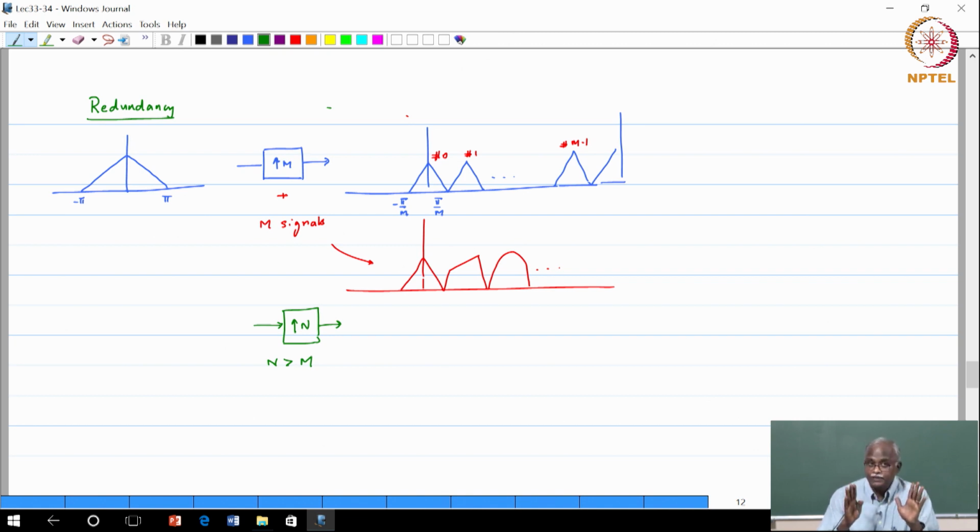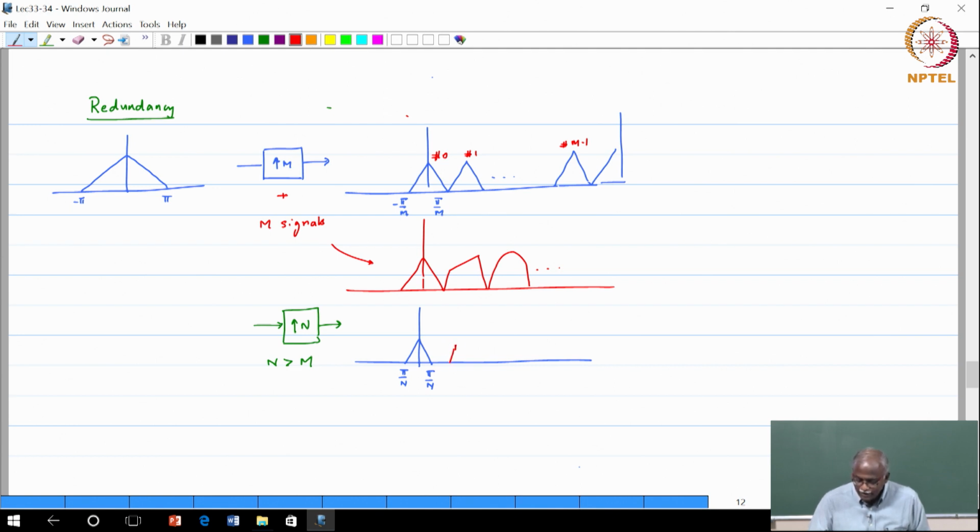I have only m signals, which means that my spectrum will now be not pi over m, it will be pi over n. Right, and it will be narrower, pi over n. So every one of these representations can actually be visualized as narrower than the band.